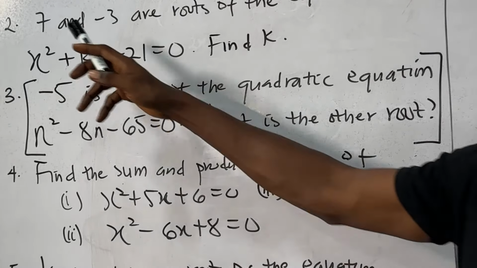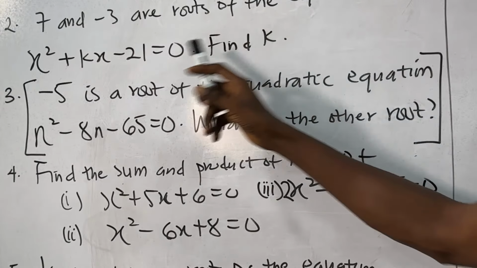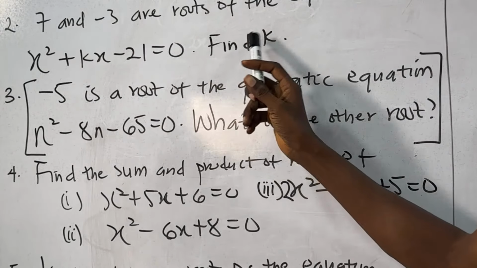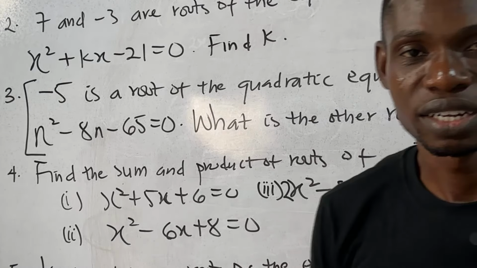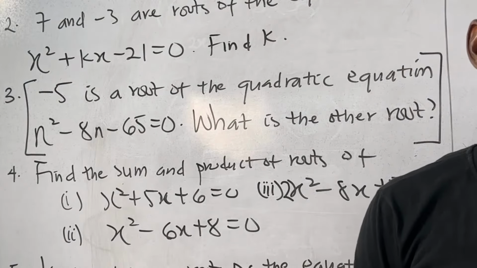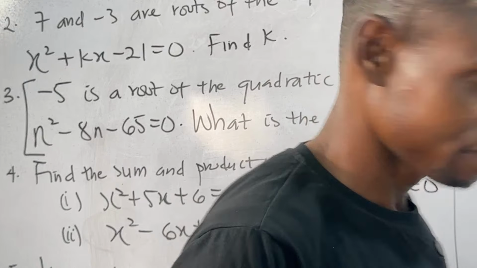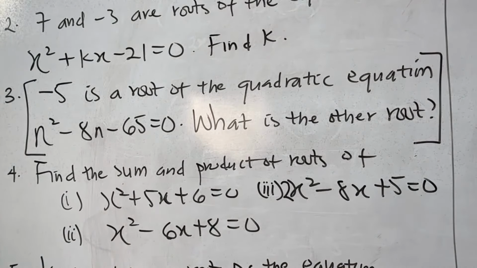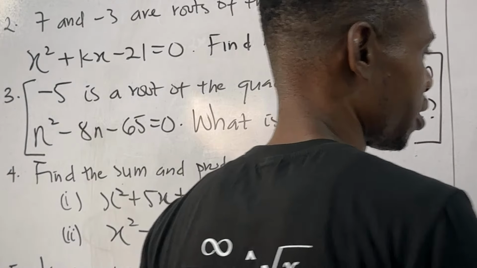Question 2 says 7 and minus 3 are roots of this equation. Find k. Now, I gave you a formula that you can use to form the equation from the given roots, right?